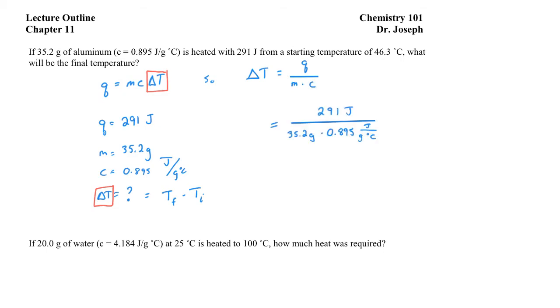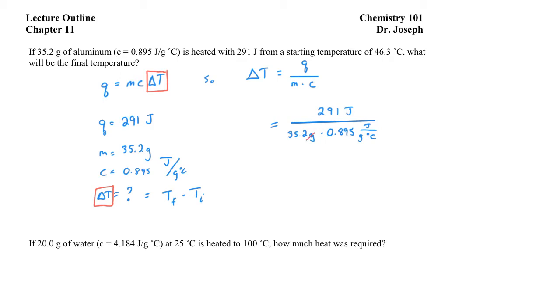Now we can rewrite this by plugging in the parameters that we've written down here on the left. So we have Q, which is 291 joules on the top, divided by 35.2 grams, that's the mass, times 0.895 joules per gram degrees Celsius. Also, we should look at the unit analysis for this before we actually solve it.